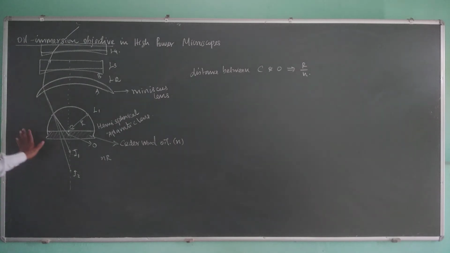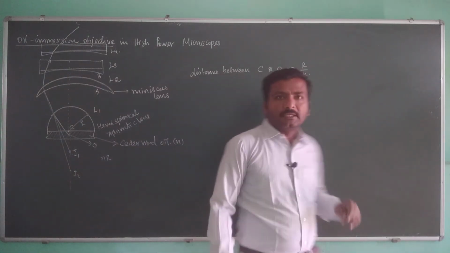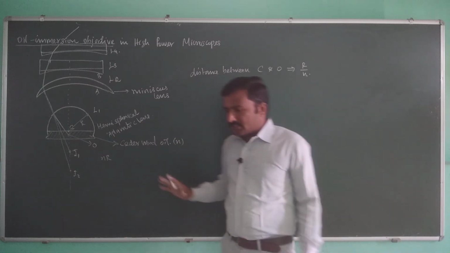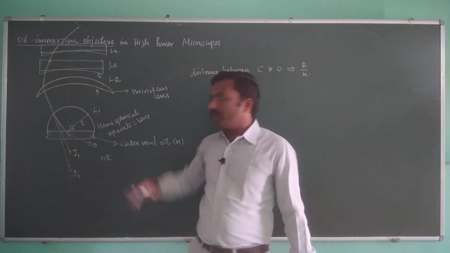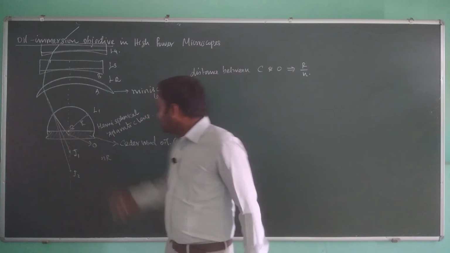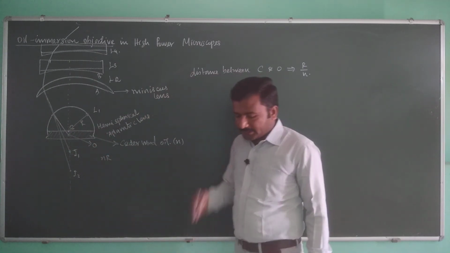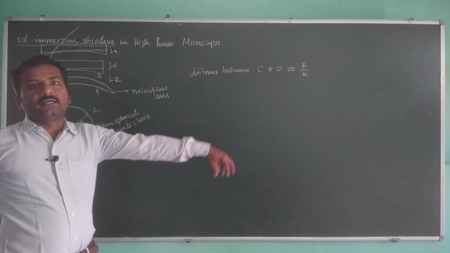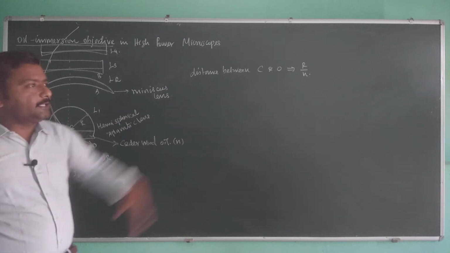Fine. So let me recollect again about the oil immersion objectives. An oil immersion objective is nothing but a composition of a hemispherical aplanatic lens and cedar wood oil. In our earlier derivation, we placed the object inside the aplanatic lens system, but practically it is not possible.